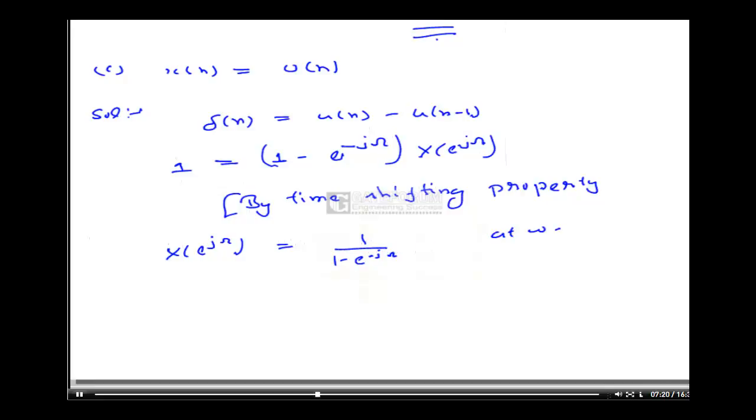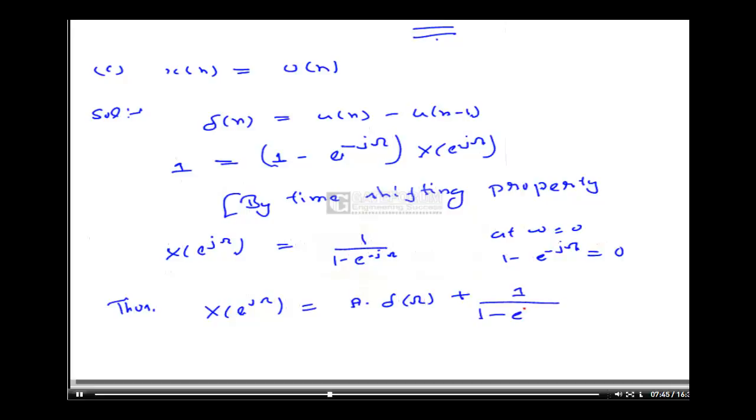At omega equal to 0, 1 minus e to the power minus j omega will become 0. Thus, X(e^j omega) is equal to A times delta(omega) plus 1 upon 1 minus e to the power minus j omega.